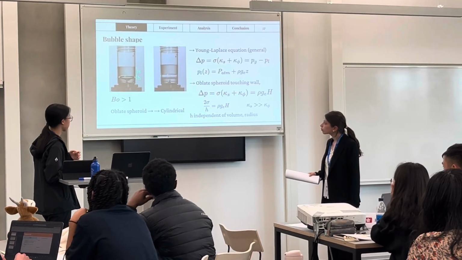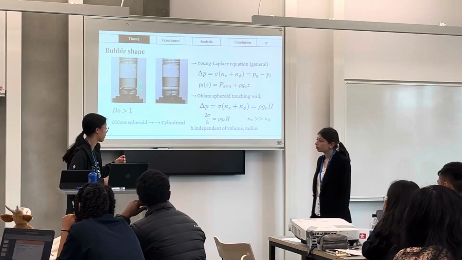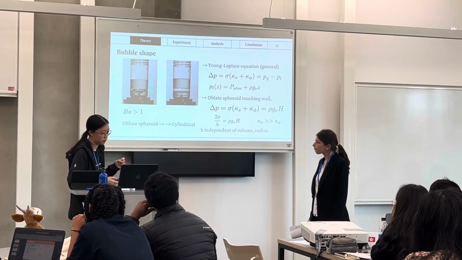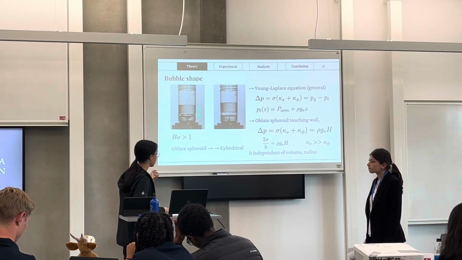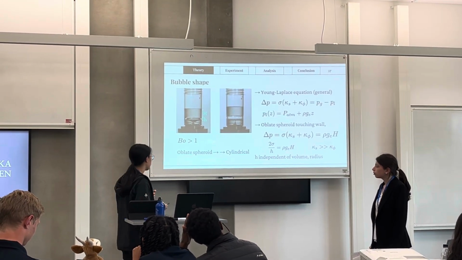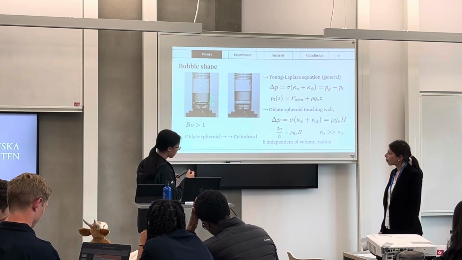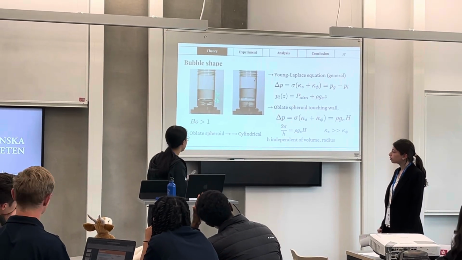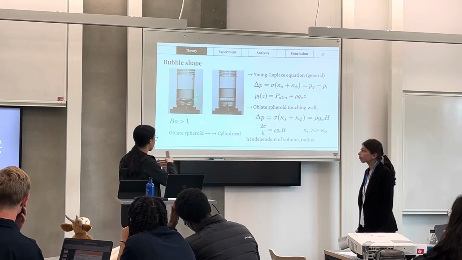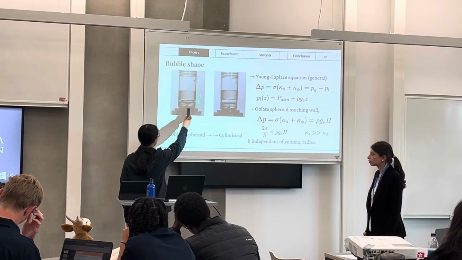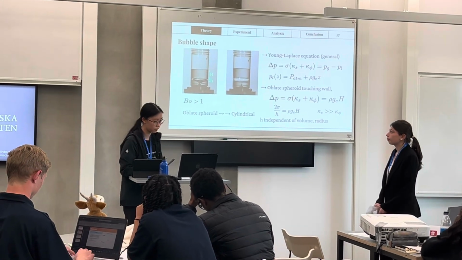But we didn't really do a quantitative calculation for this, because we believe that the edge effect of the container would cause the bubble to have a different shape, which is hard to account for, and also because the point at which we inject the air cannot be perfectly flat to the bottom surface of the container, so it will have some slight effect on the shape of the bubble.